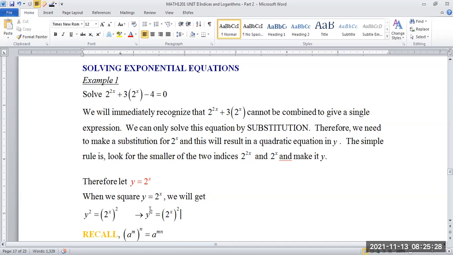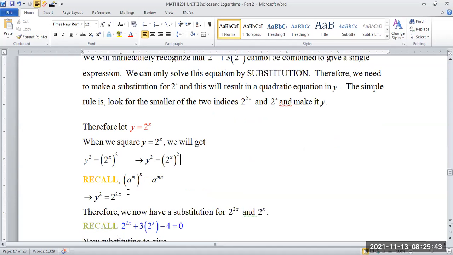So when I square my y, y squared is going to be equal to 2 to the x, squared. And recall: a to the m, raised to the nth power, is equal to a to the mn.